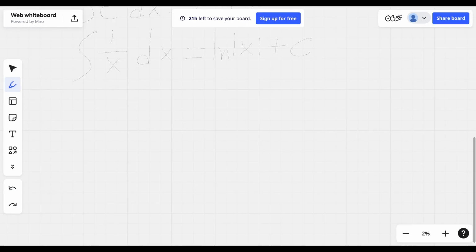Be careful with that. Now another very important one to know is the integral of cosine of x dx. That one is sine of x plus c. That one's very important to know.